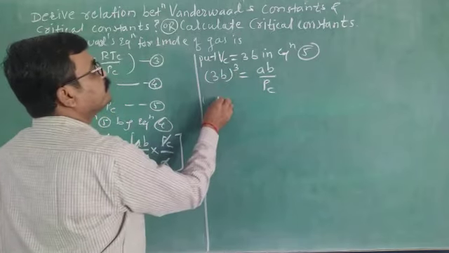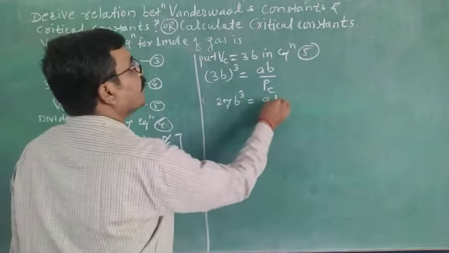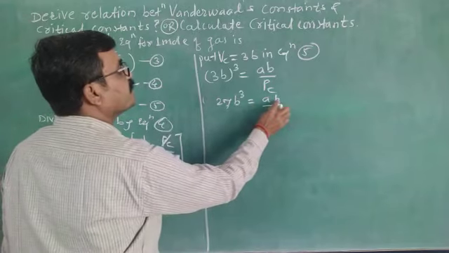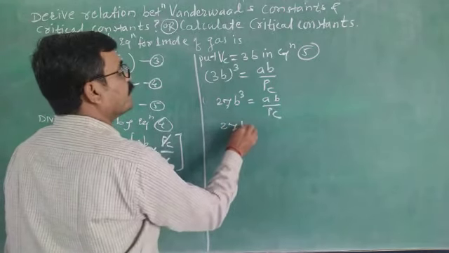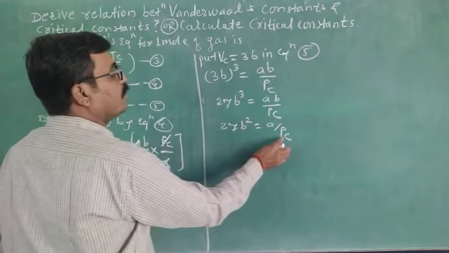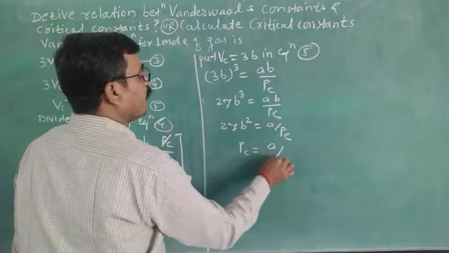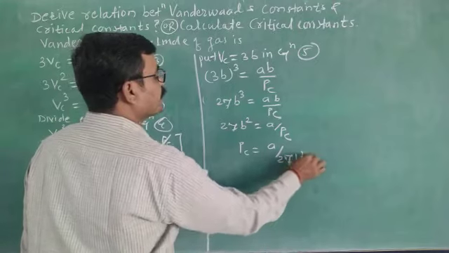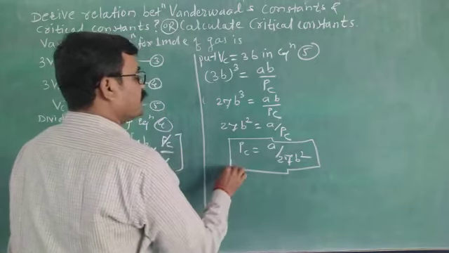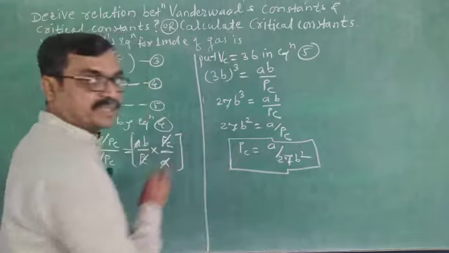Now 3 cube is 27, so 27 B cube is equal to AB upon Pc. Again one B cancels with this B, that's why 27 B square is equal to A upon Pc. Now what is the value of Pc? Pc is equal to A upon 27 B square. Again this is the relationship between the van der Waals constant B and the critical pressure Pc.